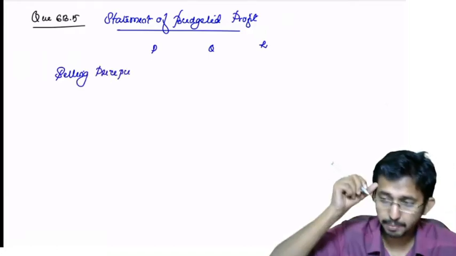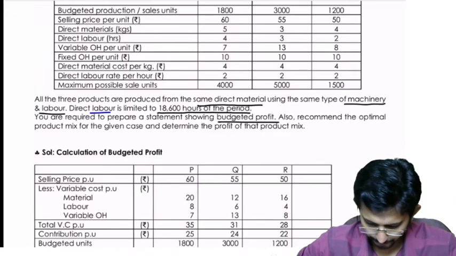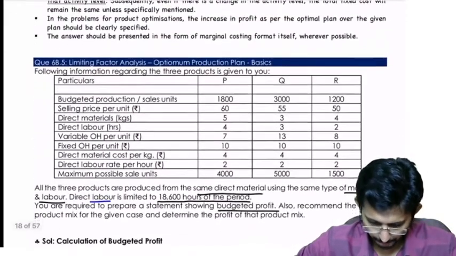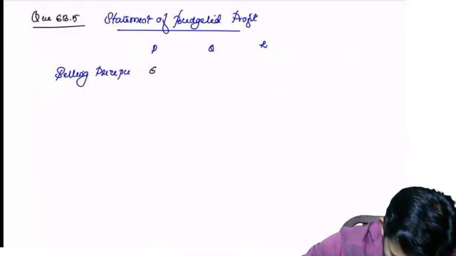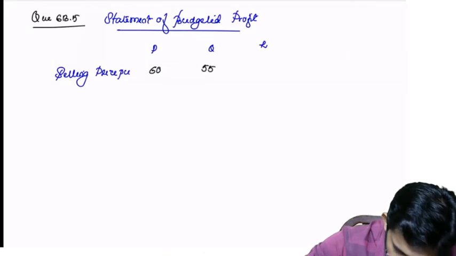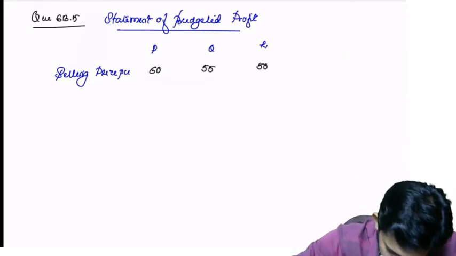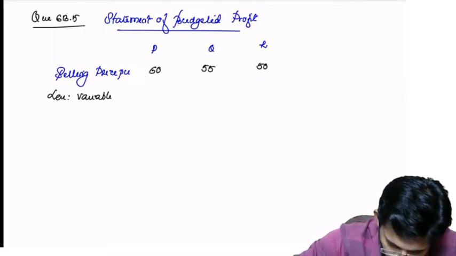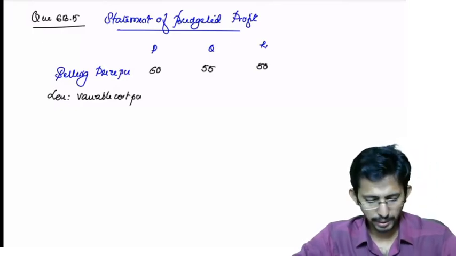Okay, selling price per unit. What is the selling price of product A? 60, 55, and 50. Less variable cost per unit. How do you compute the variable cost?